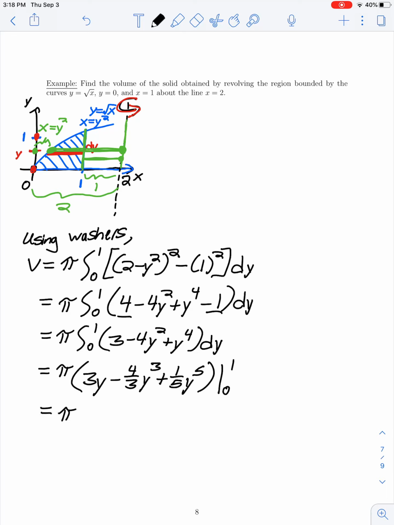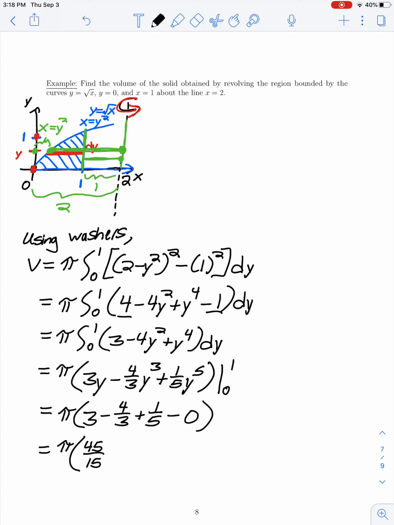So evaluating at y equals 1, we have pi times 3 minus 4/3 plus 1/5. And then we subtract what we get when we evaluate at y equals 0, which would be 0. So we have out in front a pi, and then to combine these terms, we would need a common denominator. It looks like, again, 15 would be a good choice.